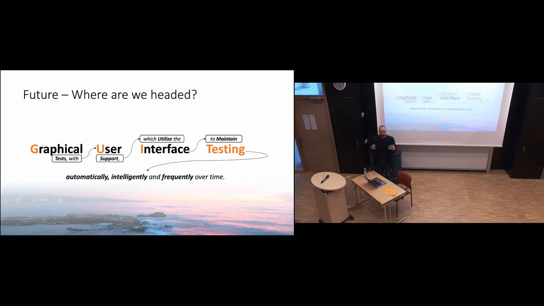So a little bit more encompassing definition. The only issue with this is that we get an initialism that is GUITS instead of GUI testing. And I've seen worse initialisms for conferences and stuff, so maybe we can get away with it, but we'll see if that sticks, if I can remember it.